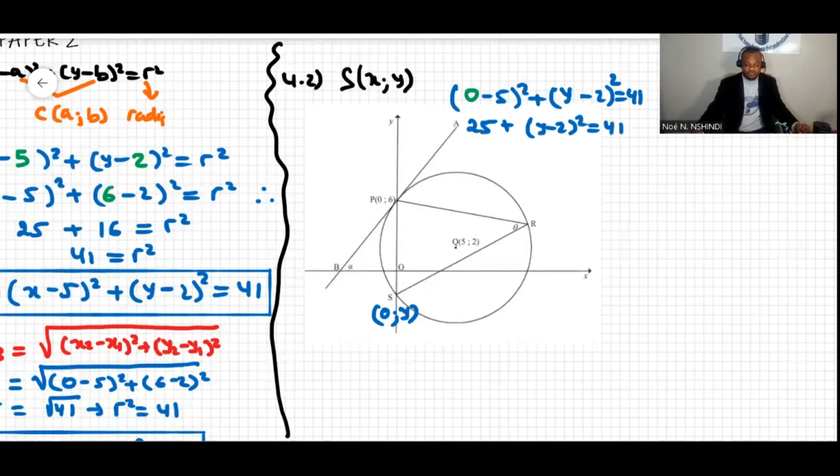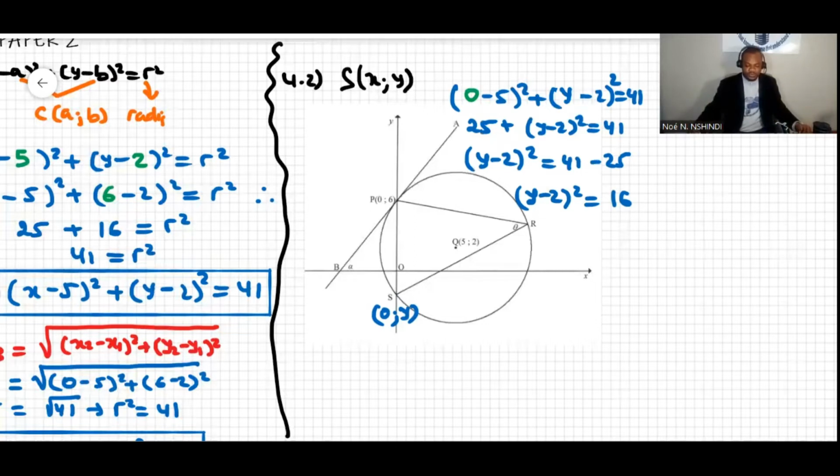Now we can move the 25 over, so we have (y − 2)² = 41 − 25, and then this means (y − 2)² = 16. Now, in a situation like this, we can expand and then solve by factorization, but I prefer here to square root both sides.